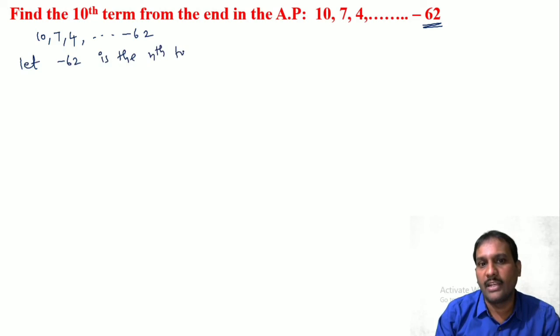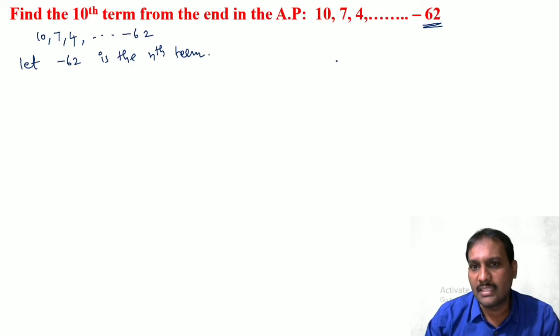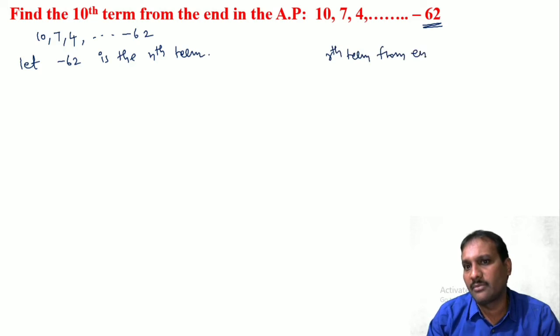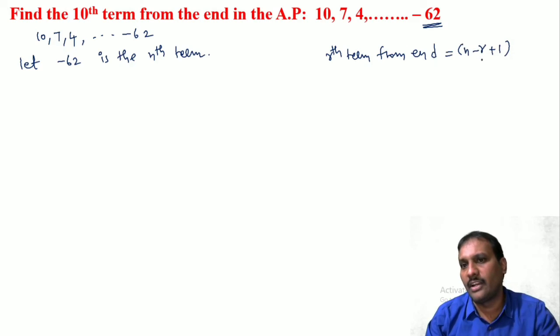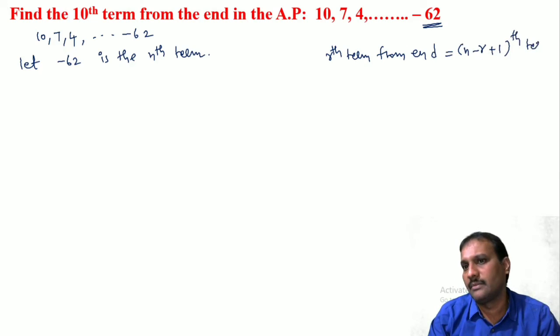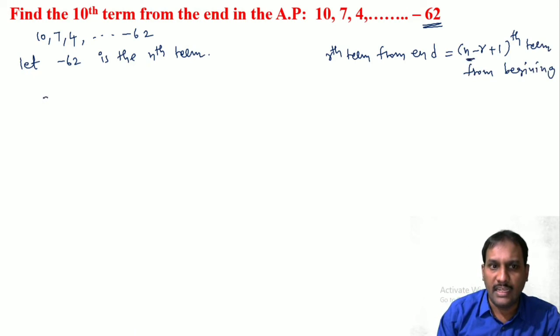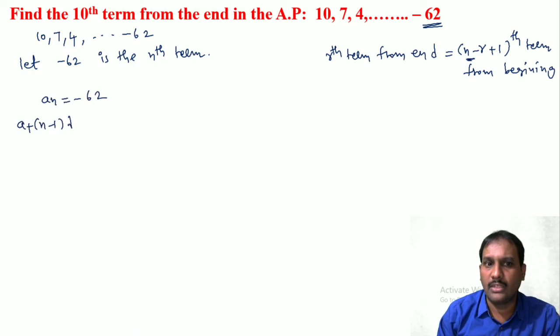We have to find the n value first, because the rth term from the end is the n minus r plus 1th term from the beginning. I wrote it many times, but I am writing it so that you will remember it for a long time. So we need the n value. So an is equal to minus 62. So that is a plus n minus 1 into d is equal to minus 62. Here a is equal to 10 and d is equal to 7 minus 10, that is minus 3.